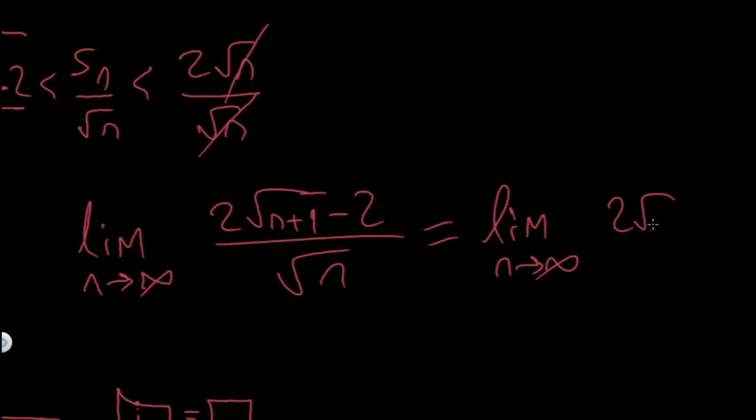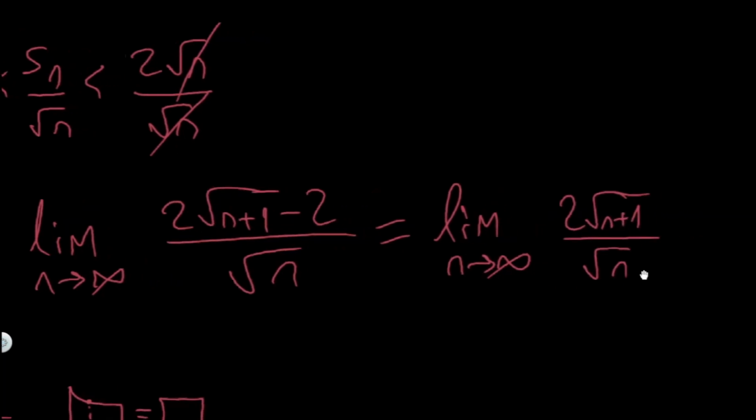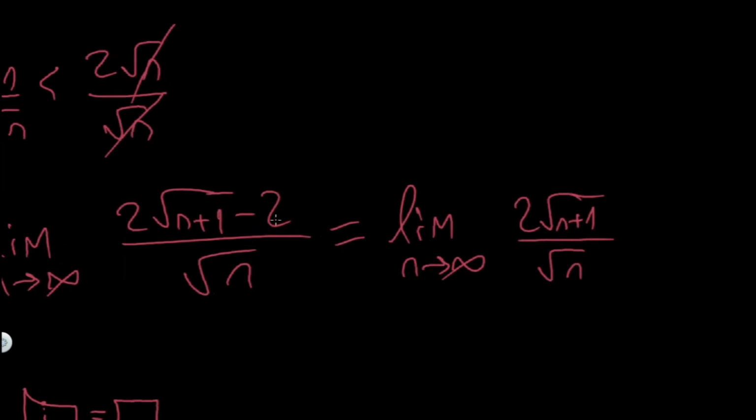So it's 2 square root of n plus 1 over square root of n, and if I separate this limit, minus 2 over square root of n, as n goes to infinity, this thing is just 0. Here I know that this limit exists, which is why I could separate them. If this limit didn't exist, I couldn't separate them.